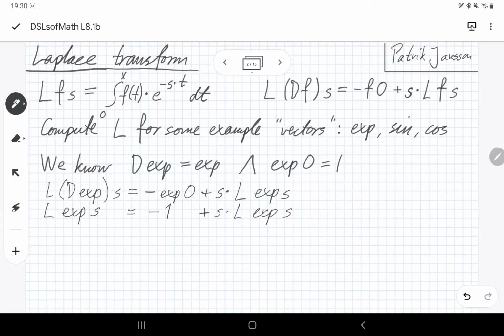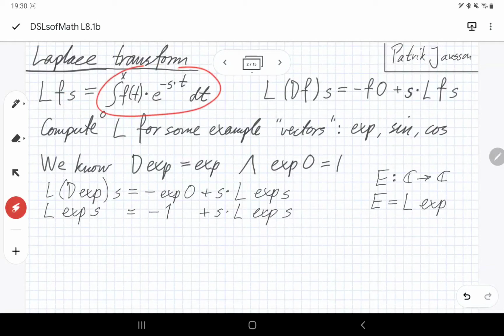So I will here call exp capital E. So let's use E for the function L applied to exp. Notice here the type of E, it is a complex to complex function. So it's a Laplace transform hungry for an s and returning the value of this integral.